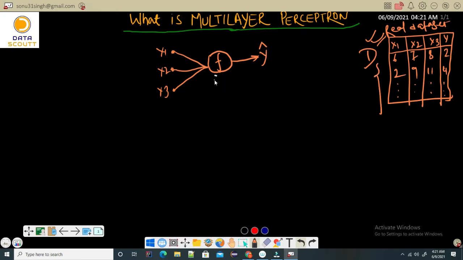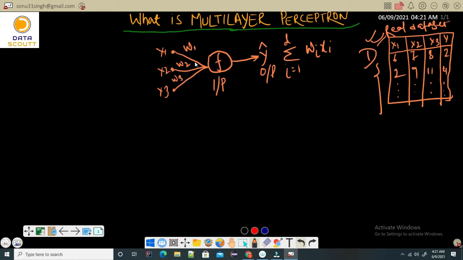We know this is the input layer and this is the output, right? We don't have anything in between. We know the formula for this is the summation of i equals 1 to d, Wi xi, and what is Wi? Wi is nothing but the weight which gets assigned to each of the inputs.